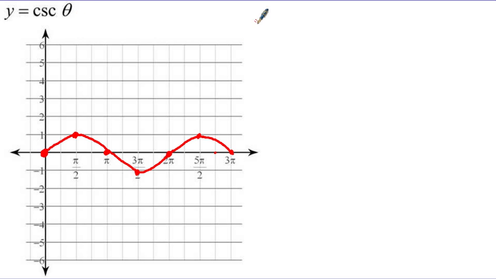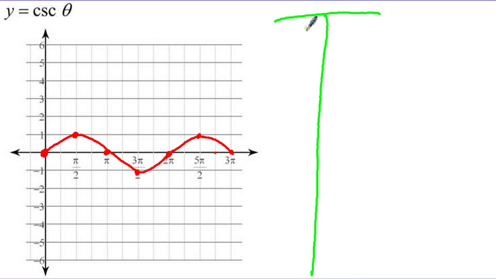What we need to remember, though, is since they're reciprocals, what is the reciprocal of sine when we're at 0? We are going to have a lot more values for cosecant than what we do for sine, because we need to really see what's happening.